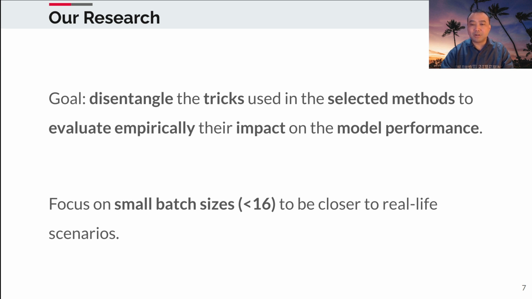So, the goal of our research is to disentangle the tricks used in the selected methods to evaluate empirically the impact on the model performance. We will also focus on small batch sizes, so smaller than 16, to be closer to real-life scenarios where the data is received as a continuous stream.